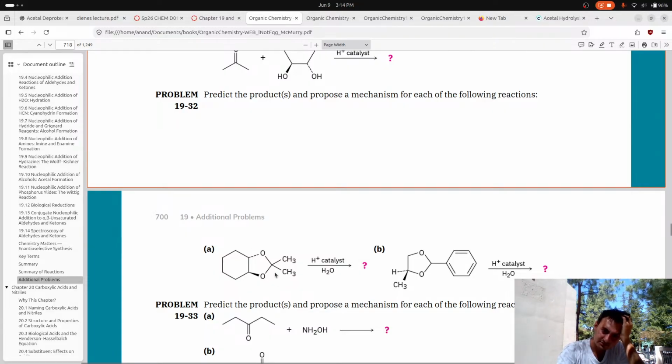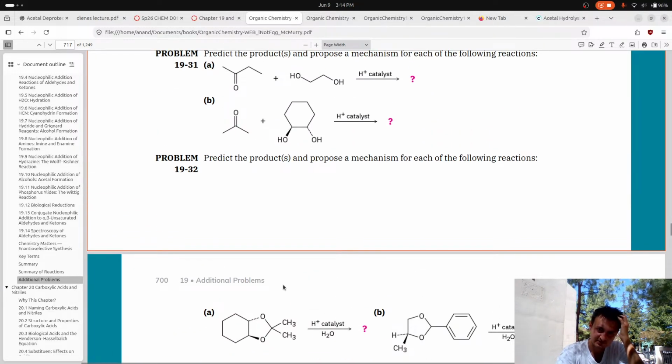So what does acetone? Yeah, this is the same as this. This is acetone. Then this is, we gotta remember the names of this.